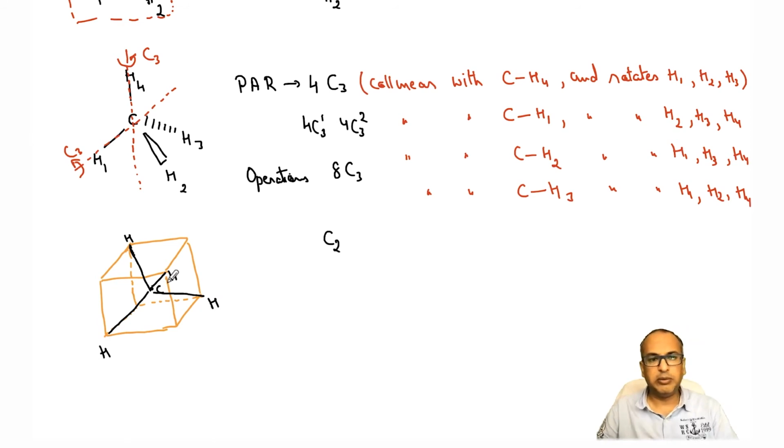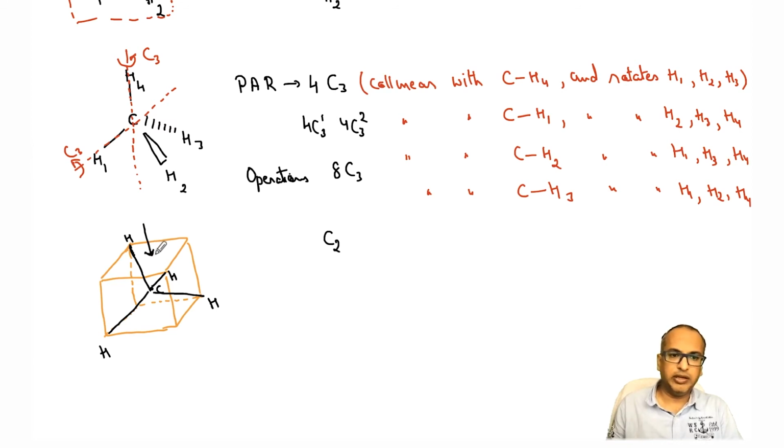So now I should be able to identify the C2 axis. So the C2 axis will be present perpendicular to this top face of the cube like this. Okay, this will be going through carbon, so let me draw it correctly. So this will be something like this and passing through this.